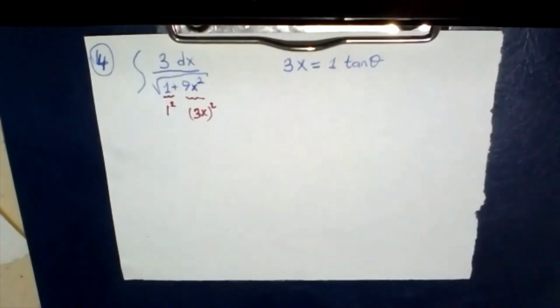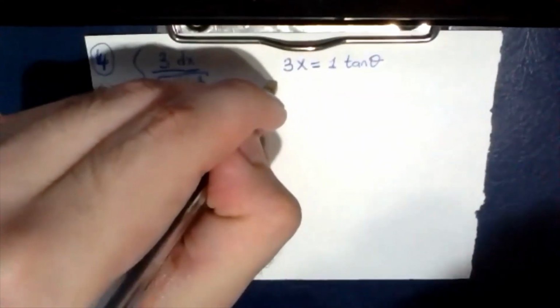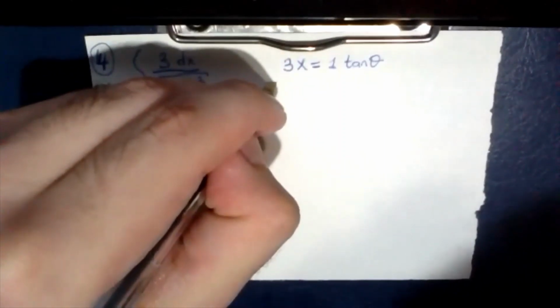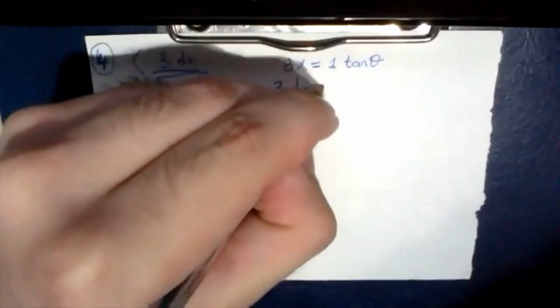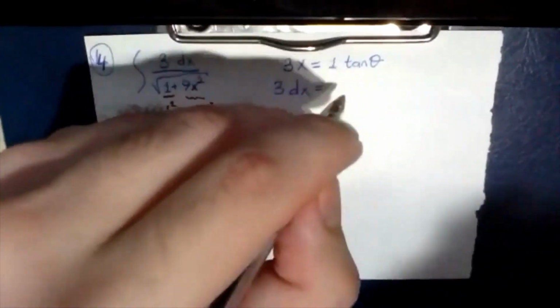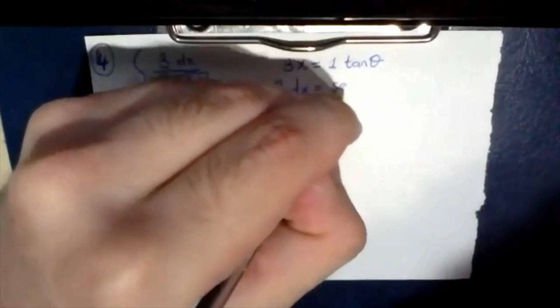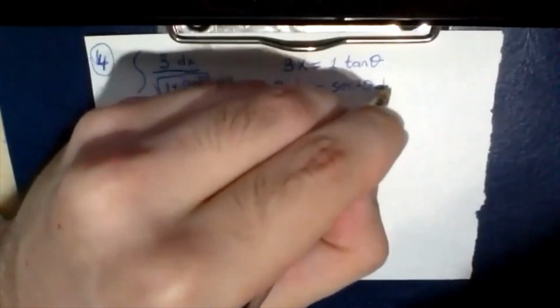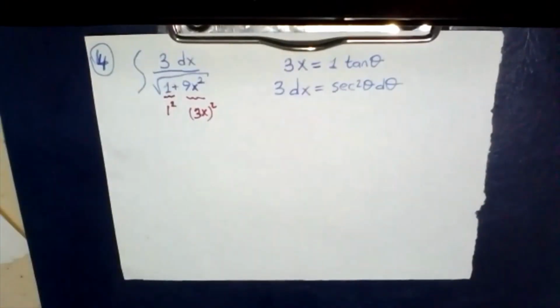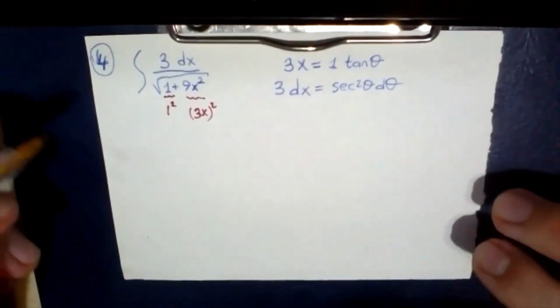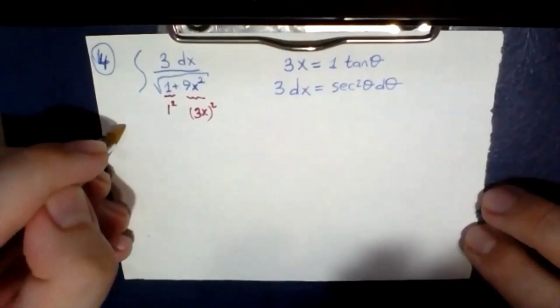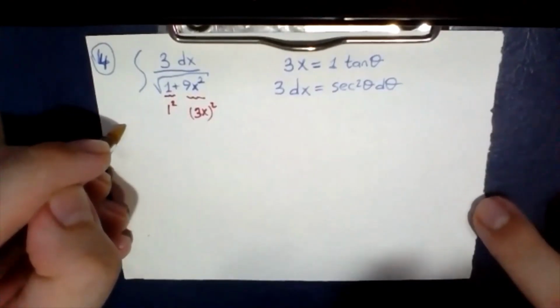Also, like the previous question, we will need information about dx. So hurriedly we can calculate it now. When we take its derivative, 3 times dx will be equal to the derivative of tangent theta, which is secant square theta d theta. Now, as the second step, we can write everything in terms of theta.